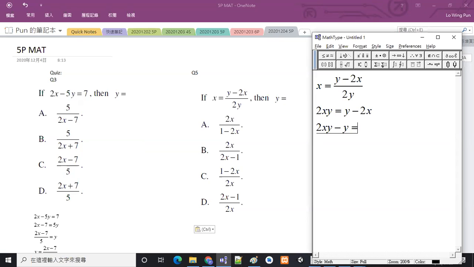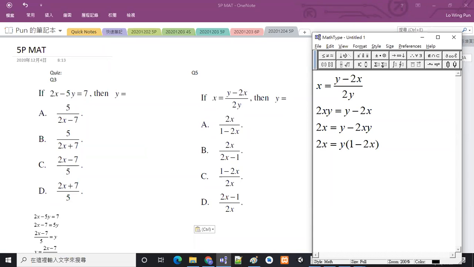So instead I'm going to move the 2x to the left-hand side and then move the 2xy to the right-hand side. So y minus 2xy like this. Get it? And then on the right-hand side we have the y terms here, and then we will take out the common factor and it becomes 1 minus 2x.